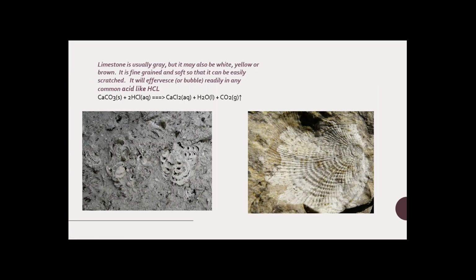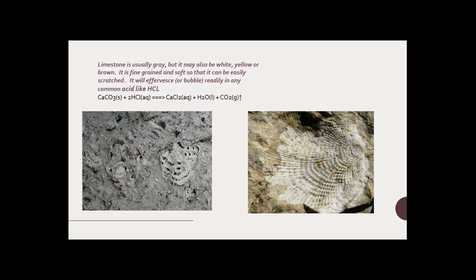Limestone is usually gray, but it can also be tan, white, or yellow, and it's soft and fine grained, so you can actually scratch it really easily. And one way that you can really easily identify limestone is if you drop any kind of acid, it'll bubble up and release carbon dioxide. I put this chemical equation here so you can see why that is.